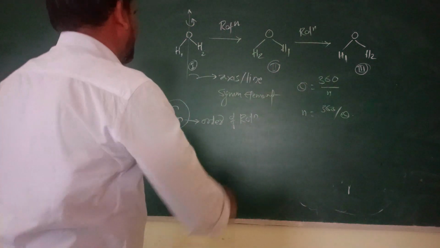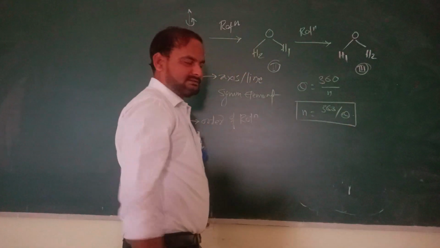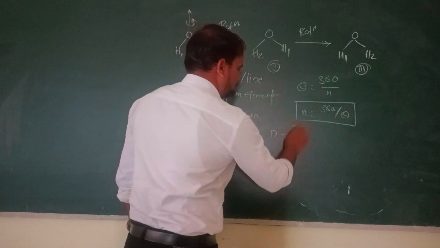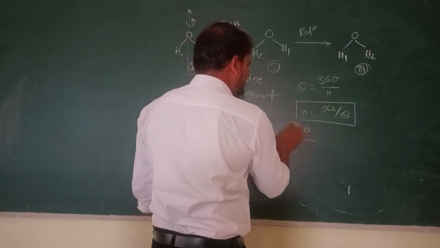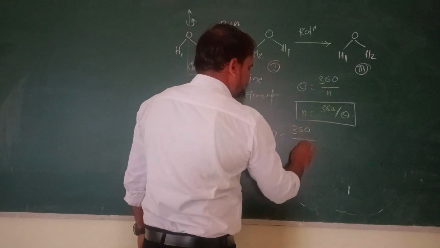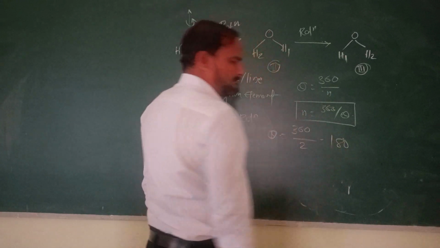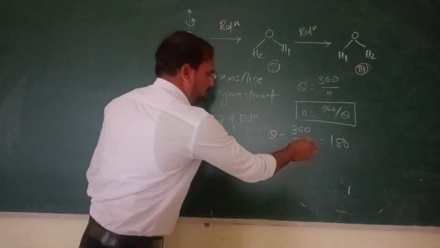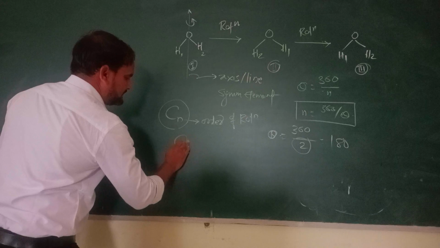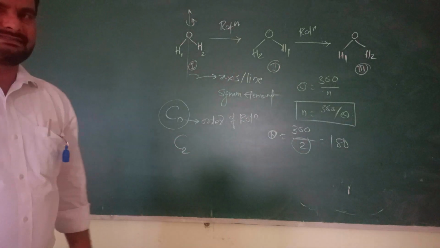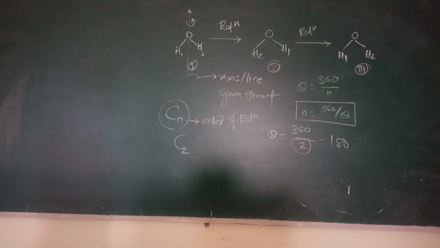From that we can predict the formula: theta is equal to 360 by 2, so it becomes 180. That means 2 is the order of rotation. So here C2 is the axis used for the rotation purpose.